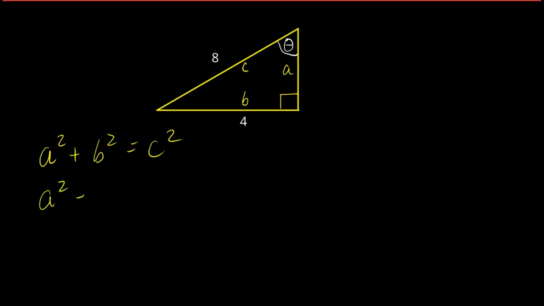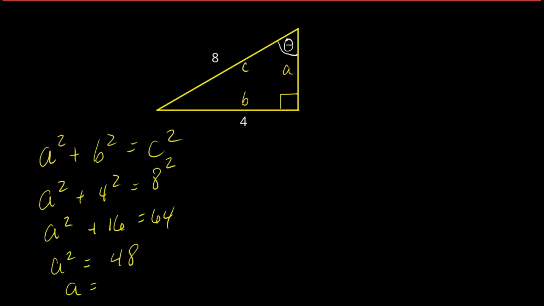So a squared plus 4 squared equals 8 squared. a squared plus 16 equals 64. a squared, rather, will equal 48. So a would be the square root of 48.